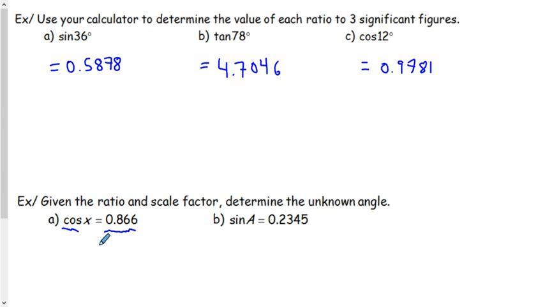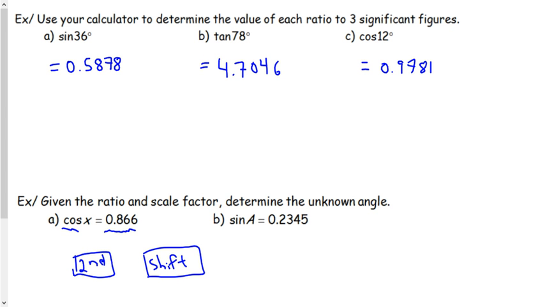You're going to need to look for the second function button on your calculator. That's probably going to say second, or it might say shift. It's usually up in the upper left-hand corner of your calculator. You're going to hit that button first, and then you're going to hit your cosine button.